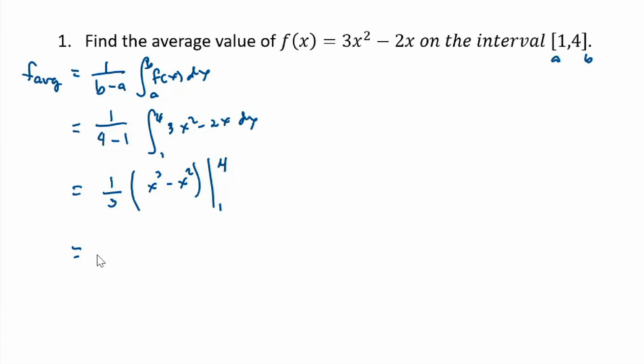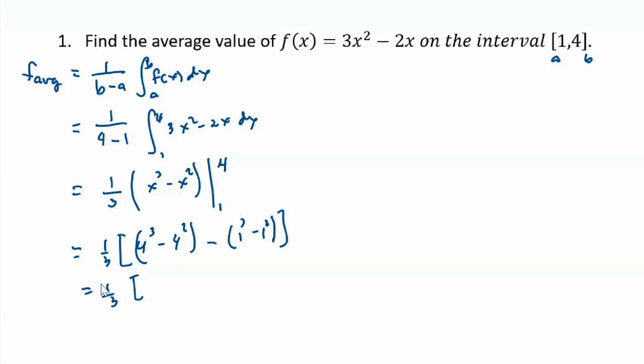By using the fundamental theorem of calculus, we can write 1/3 times, the upper interval is 4, so we have 4 cubed minus 4 squared. This is for your f of b minus f of a. We have the lower interval of 1, so we have 1 cubed minus 1 squared. By simplifying, we have 1/3 times.